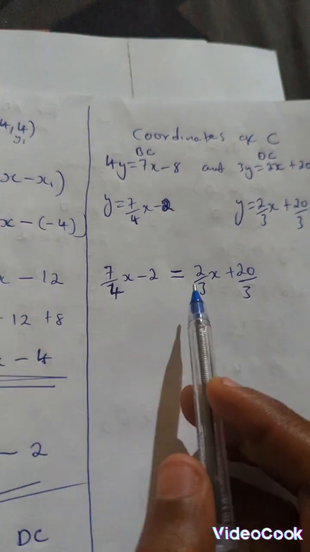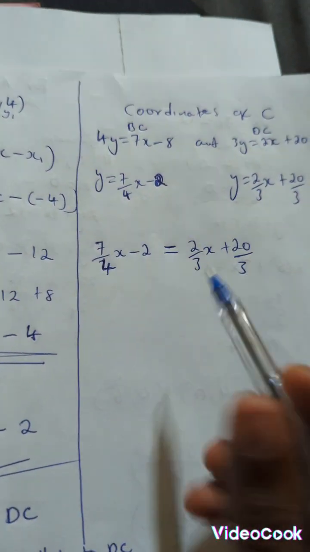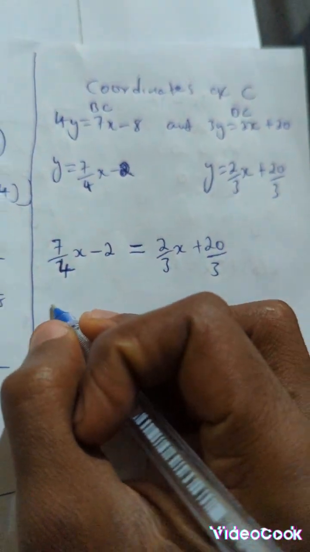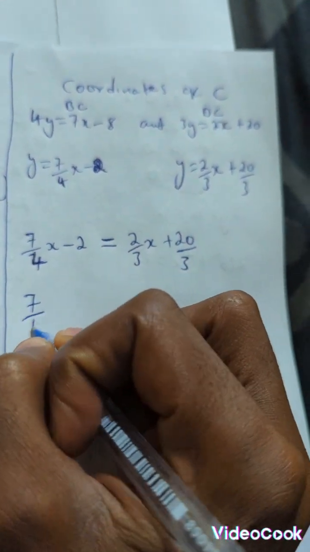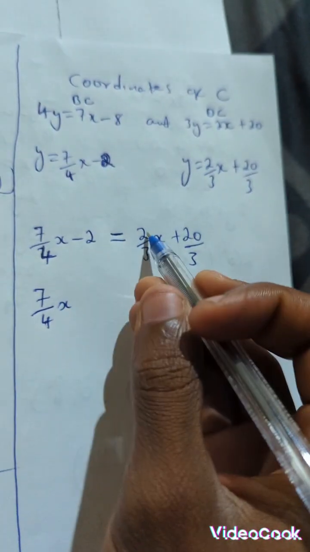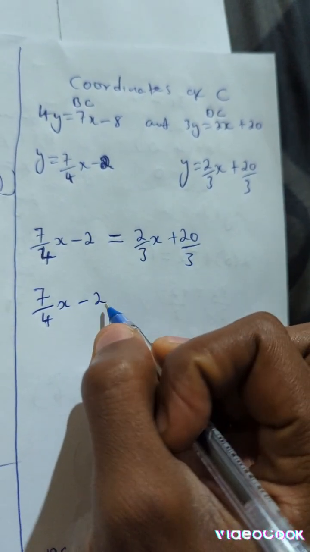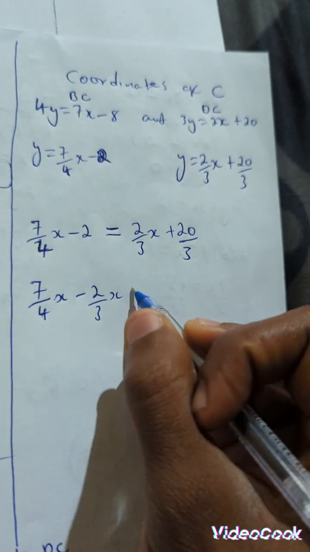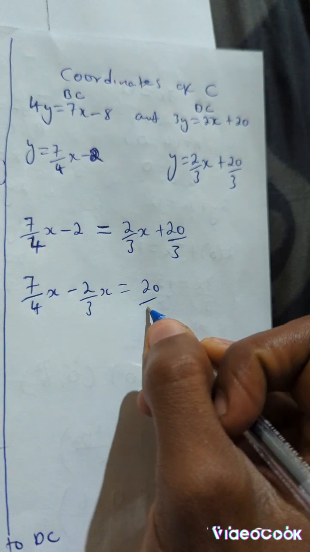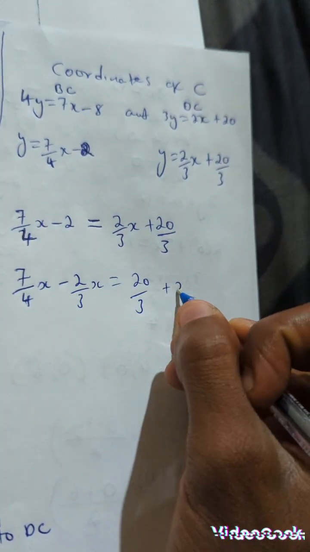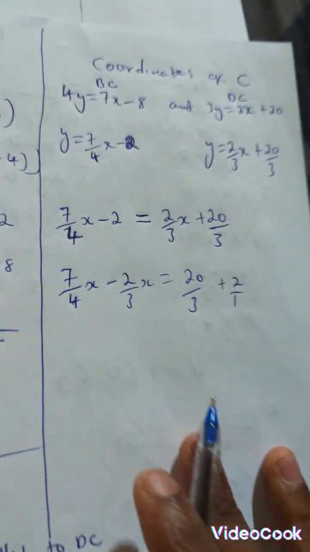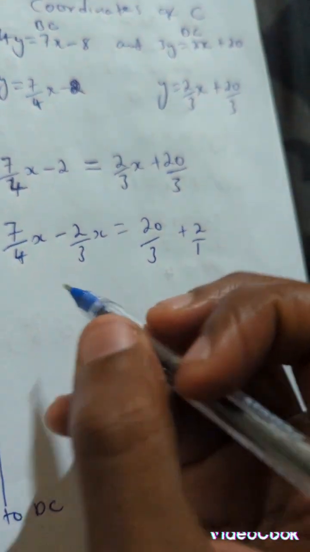So like terms together, this will follow this, 2 will come this side. So we're going to have 7/4 x, then minus 2/3 x is equals to 20/3 plus 2. Solve them as fractions.